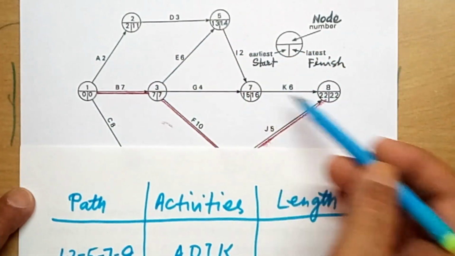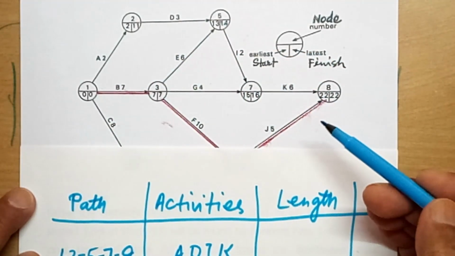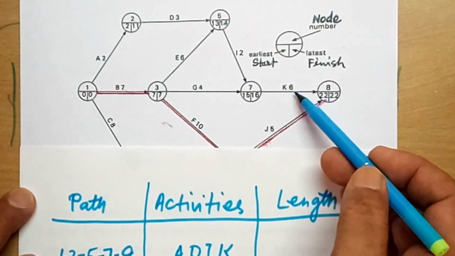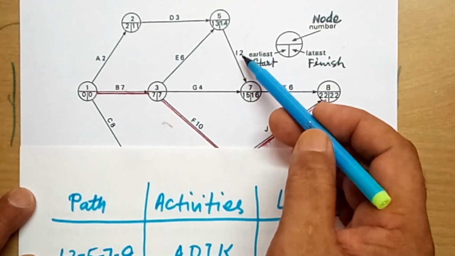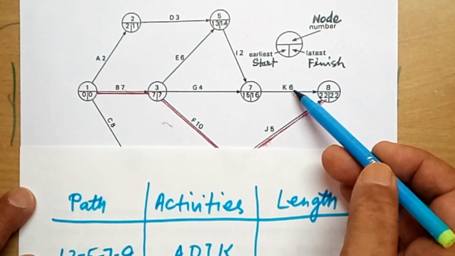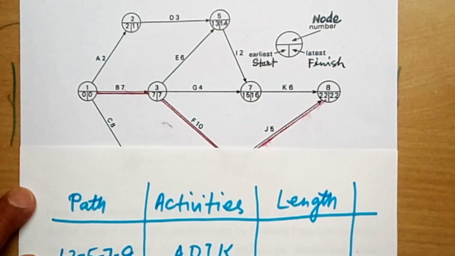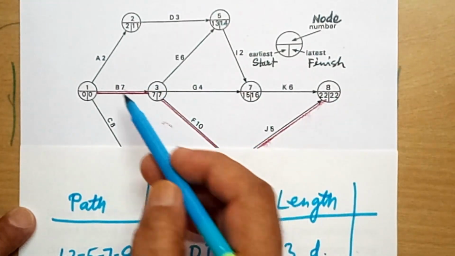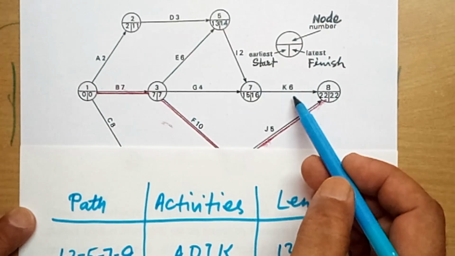By adding all these, 2 plus 3 plus 2 plus 6, that is 13 days. So length is 13 days. Then the path BEIK.